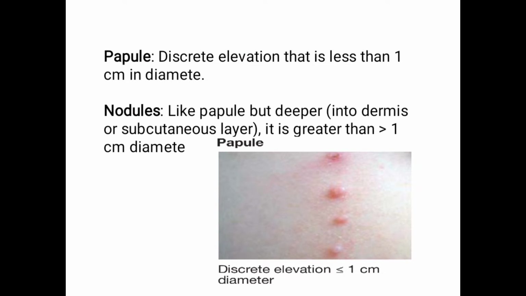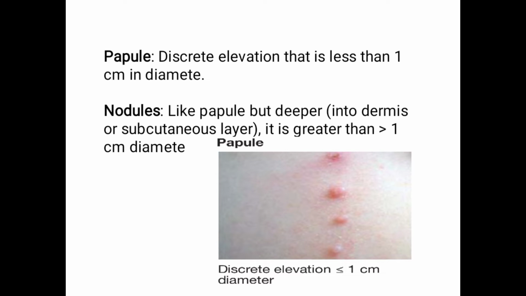The next term is papule. Papule is a color change plus a rise in the skin. Something solid is under the skin that brings the skin up. Now, when you measure that solid something that pushes the skin upward and it is less than 1 cm, we call it a papule.